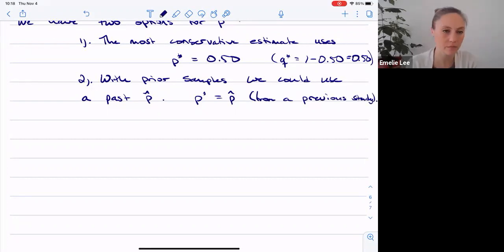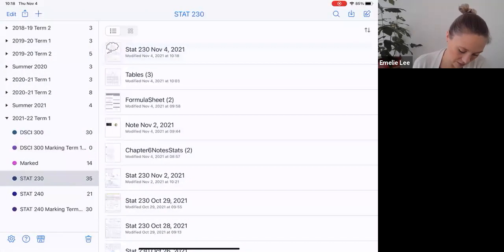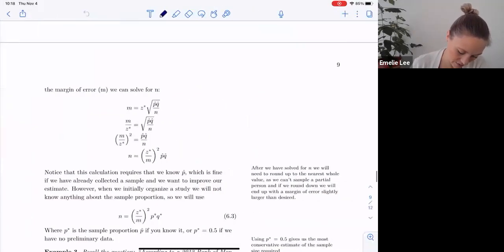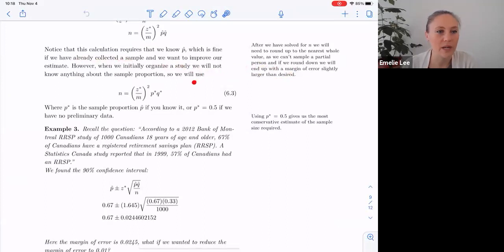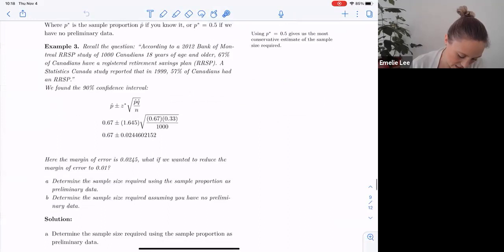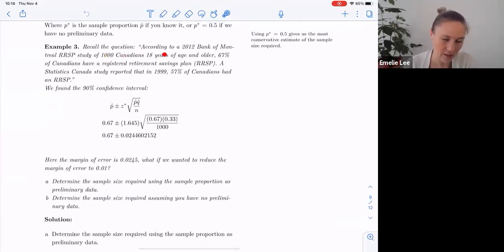Just before I completely run out of time here. It goes through and talks about the exact same thing. But what I want to show is, in this example, if we had this exact same example and we calculate the confidence interval, the margin of error here is 0.0245.